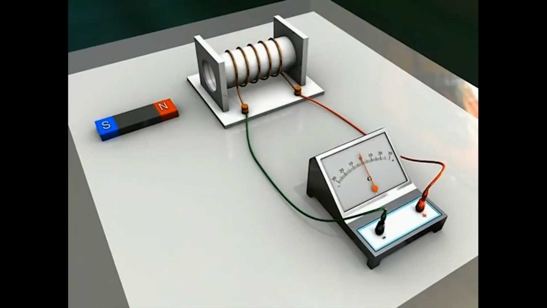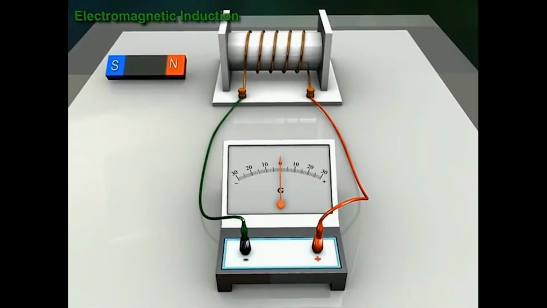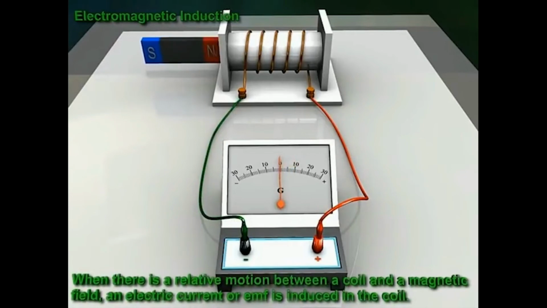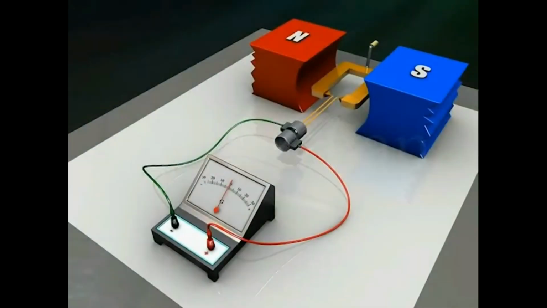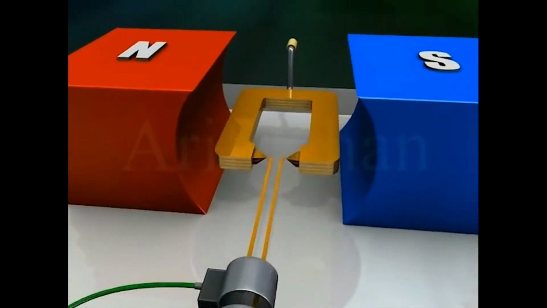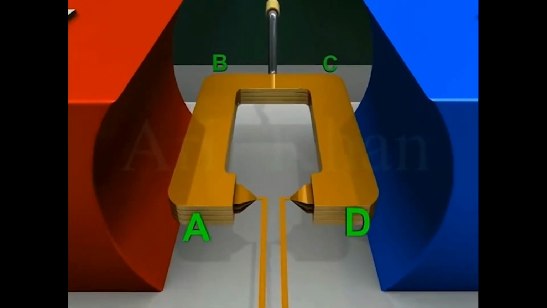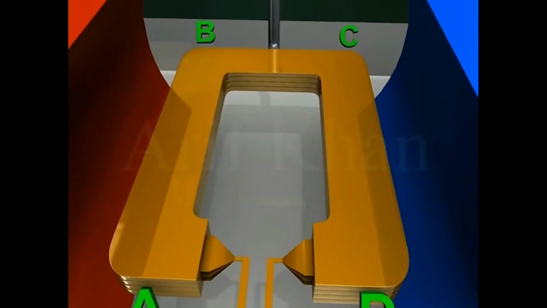An AC generator works on the principle of electromagnetic induction. In electromagnetic induction, when there is a relative motion between a coil and a magnetic field, an electric current or EMF is induced in the coil. An AC generator has an armature ABCD. It is a rectangular coil with many turns wound around a soft iron core.